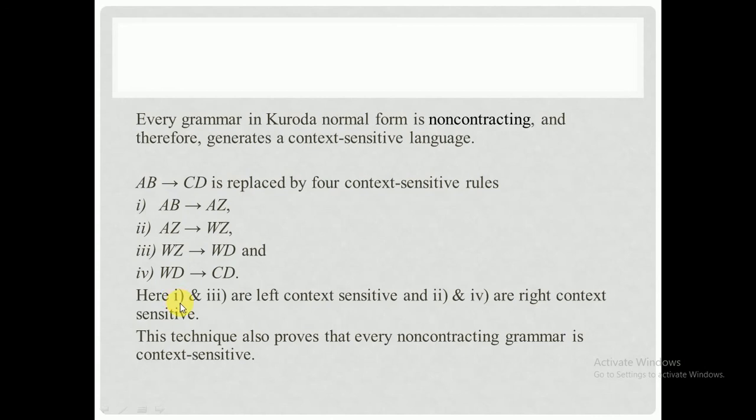So here number 1 and number 3 are left context sensitive because the left context is the same, A or W. In case of the second and fourth production, the right context, that is Z and D, is the same. So this technique also proves that every non-contracting grammar is context sensitive.